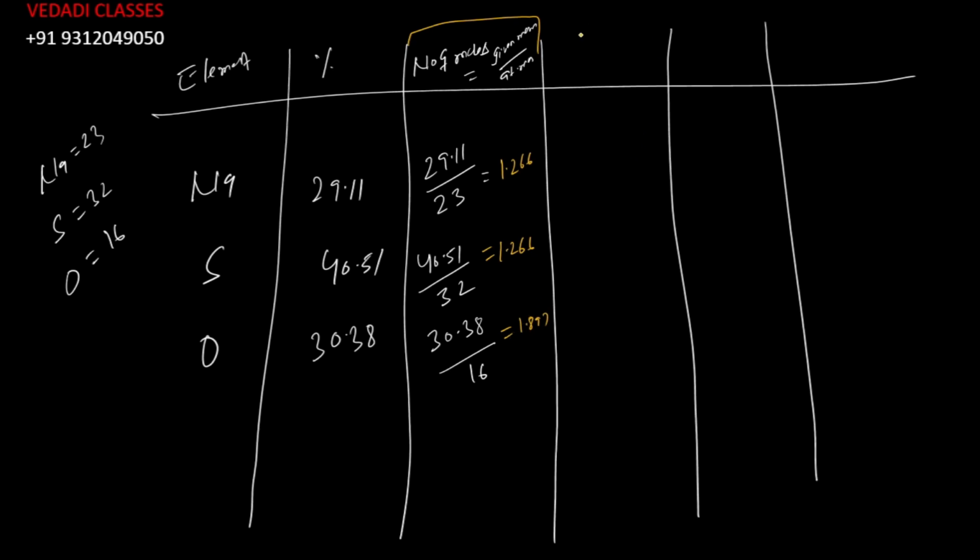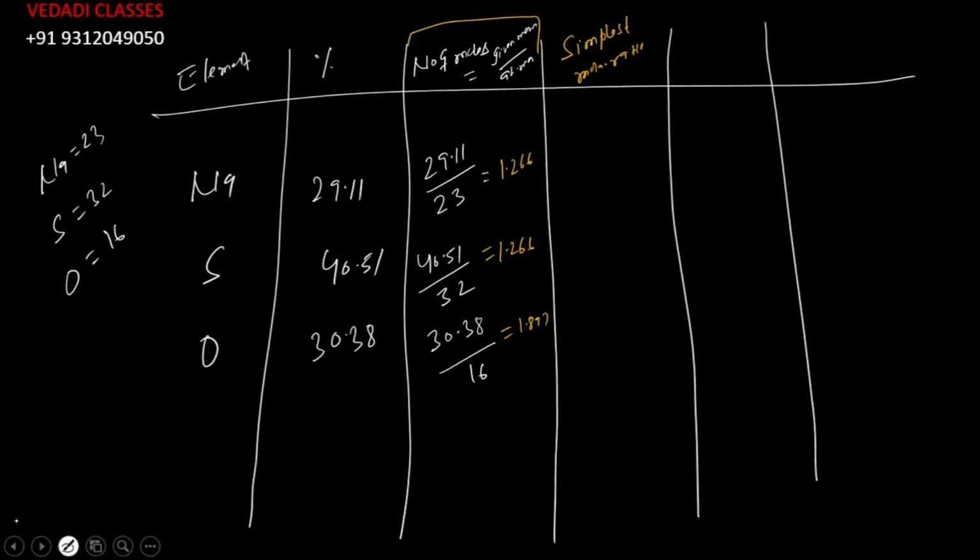Now you have to find the simplest molar ratio. How do we find it? Out of these three, find the one that is lowest in amount, which is 1.266, and divide all the values by 1.266.